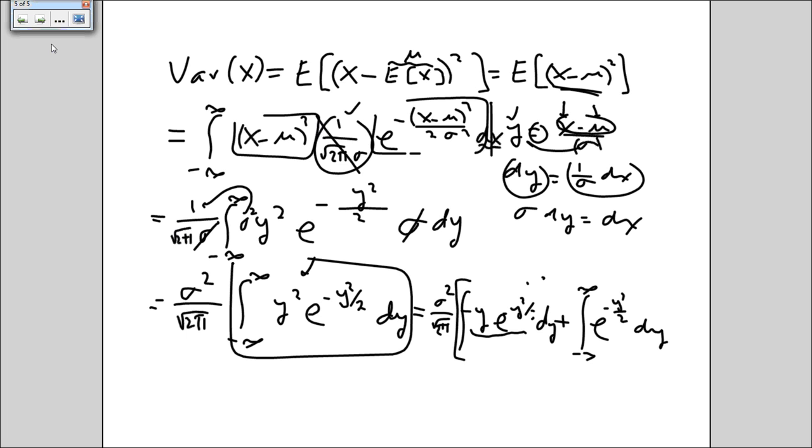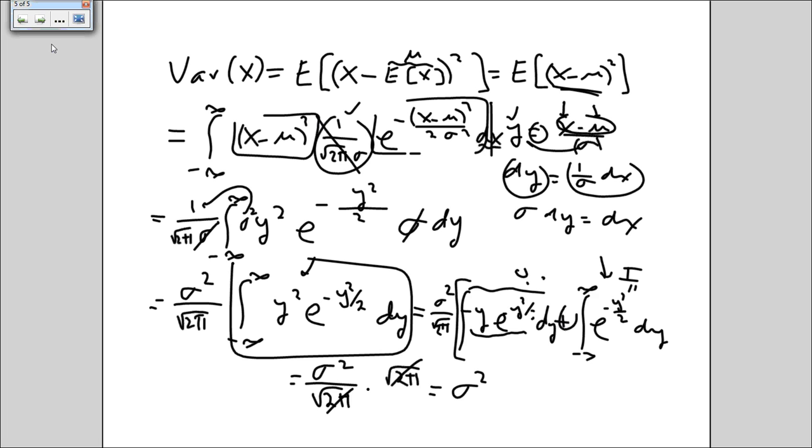Well, this is an odd function and it's going from negative infinity to infinity, so you get 0 again. So we have sigma squared over the square root of 2 pi times this integral. But we just did that integral earlier. That's I. This integral was what we called I earlier. And we discovered that that equals the square root of 2 pi.